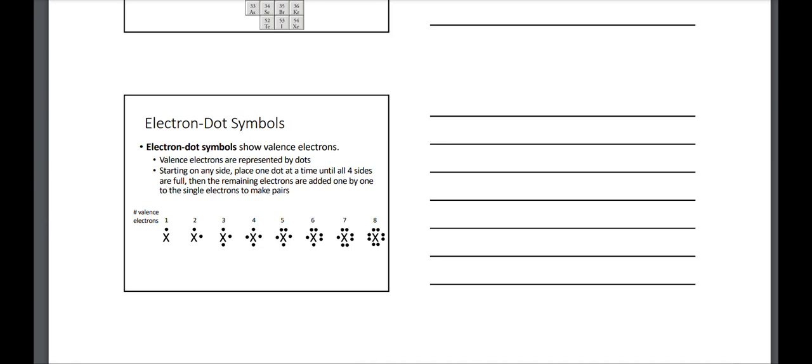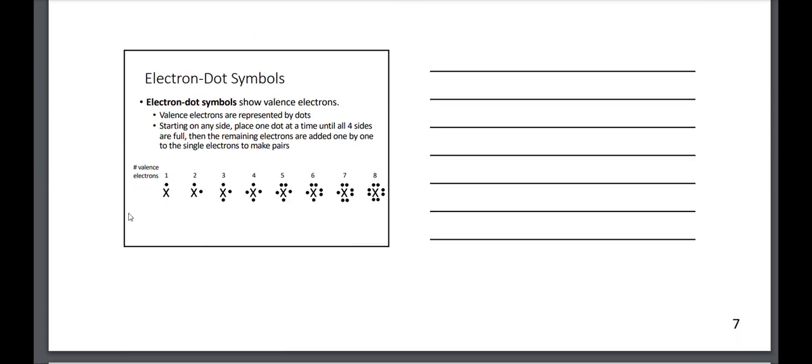For example, I'll tell you one of the common mistakes that people make. If someone is writing the electron configuration for nitrogen, which has 5 valence electrons, the correct one will be 1, 2, 3, 4, and that's a 5, and then you couple.